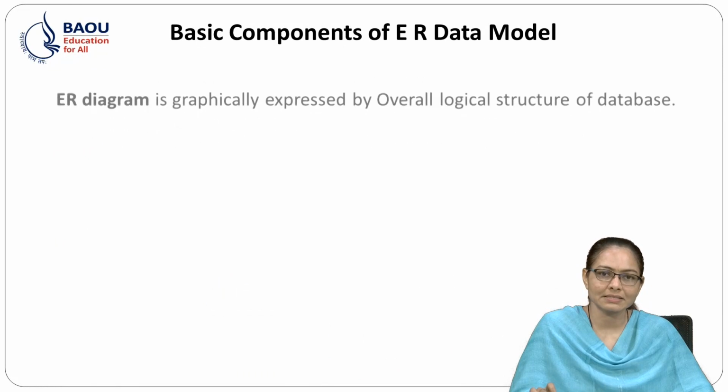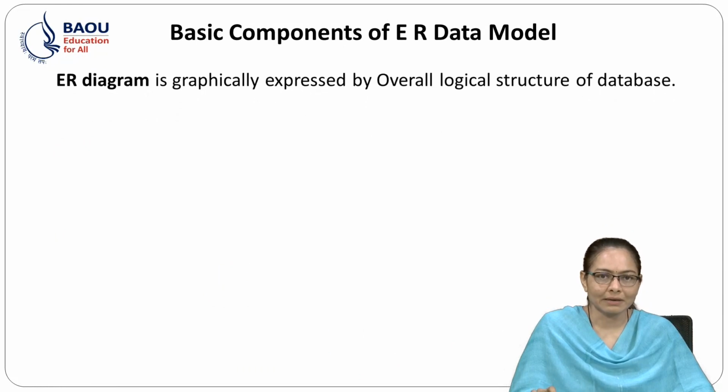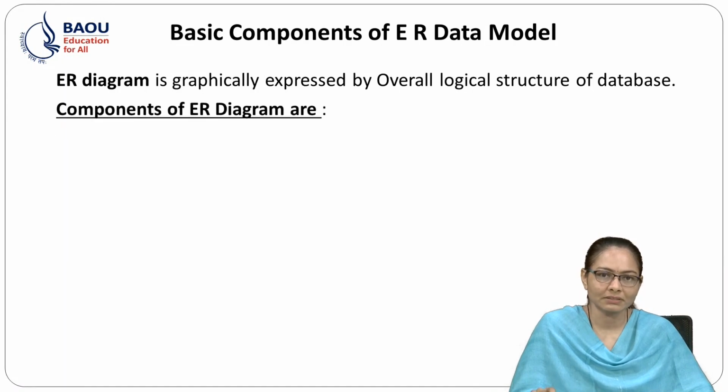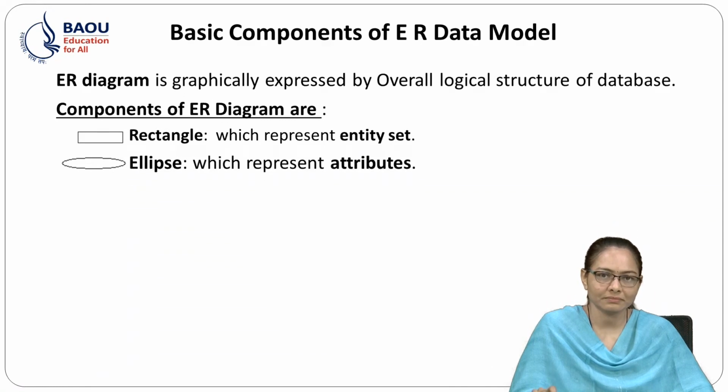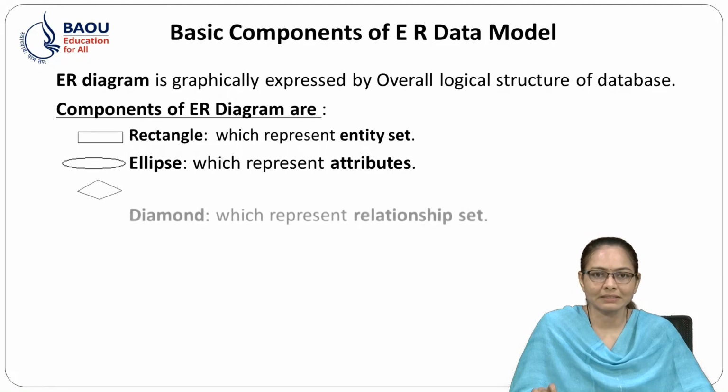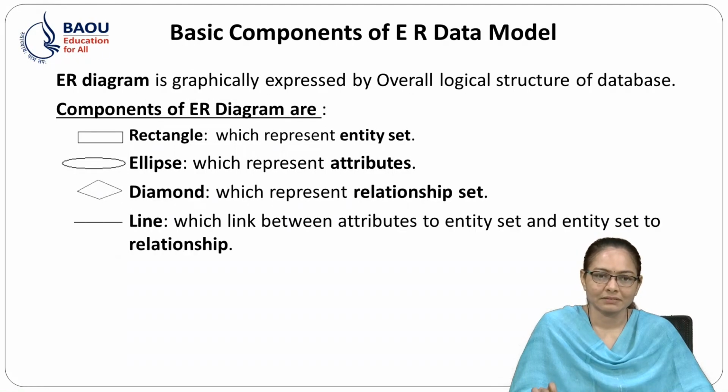Next, the ER diagram graphically expresses the overall logical structure of the database. The components of the ER diagram are: first, the rectangle, which represents the entity set. Ovals, or ellipses, represent the attributes. A diamond represents the relationship set. A line represents the link between entity set and relationship set.